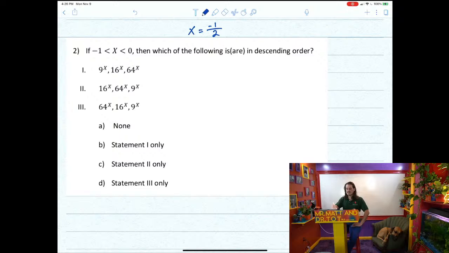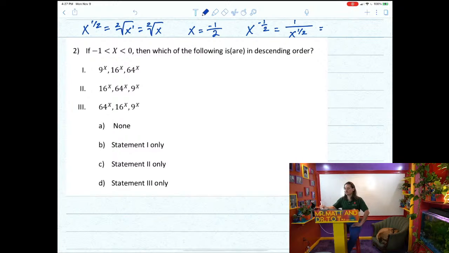Notice though that anything to the 1/2 power is the same thing as the square root. Remember your rules of exponents when translating between fractional exponents and radicals. So x to the -1/2 power, first, we can think about this as 1 over x to the +1/2 power, and so that's really just 1 over the square root of x.